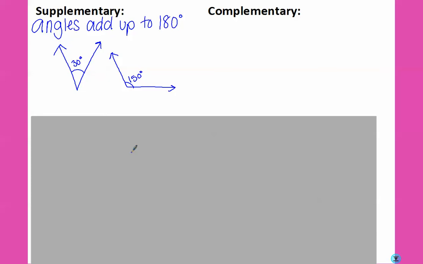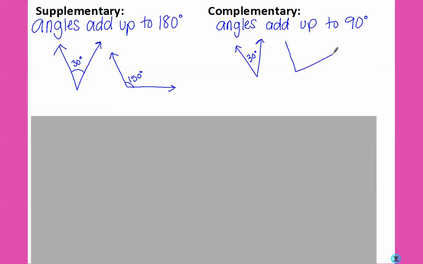Complementary is similar, but the angles add up to 90 degrees. So let's say we have our 30-degree angle again, and we have our 60-degree angle.